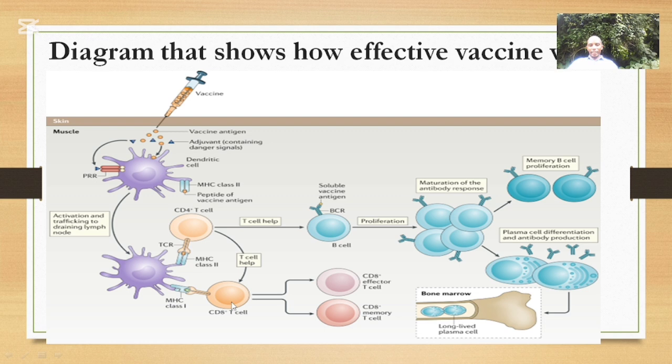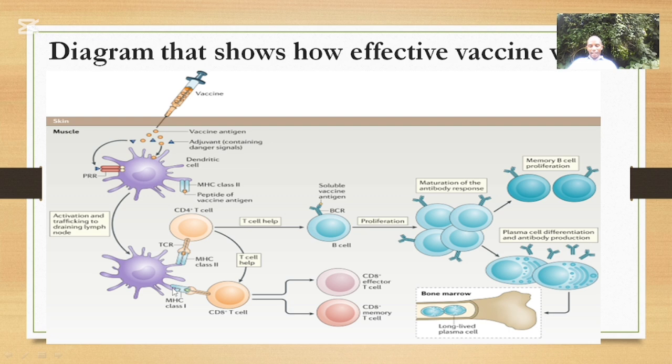So the T helper cells will automatically stimulate the cytokines which allow the B cell to proliferate into plasma cells, and the plasma cells differentiate by producing antibodies and memory B cells.